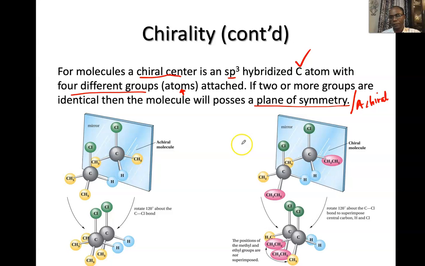Okay, so for example, looking at this molecule right here, it should have been drawn like this. I'm just going to show the hydrogens for purposes of clarity, but really I should not show those hydrogens. Now our focus is the central carbon. Does the central carbon have 4 different groups or atoms?